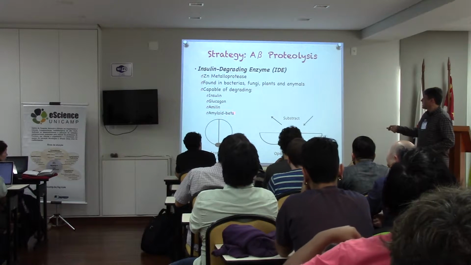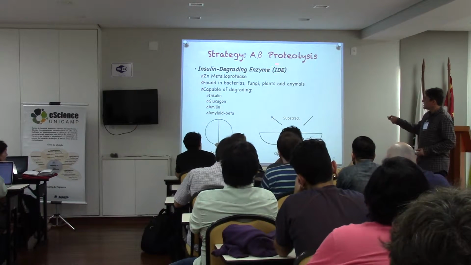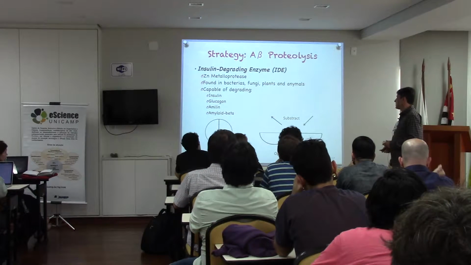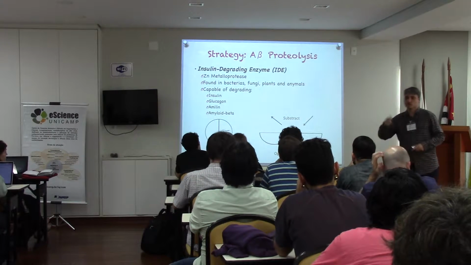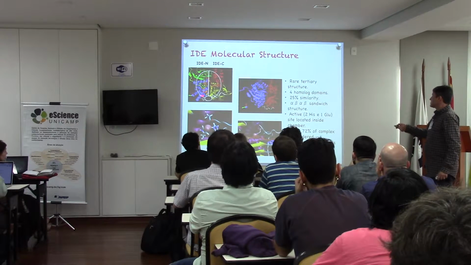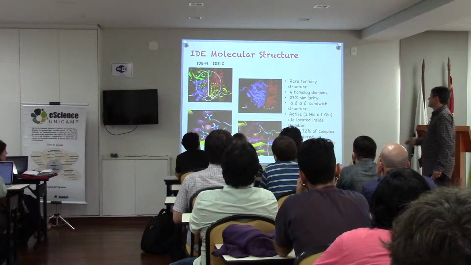So the idea is if you make this enzyme work better, then you can have a better drug that actually targets Alzheimer's disease. So this is a big system, right?